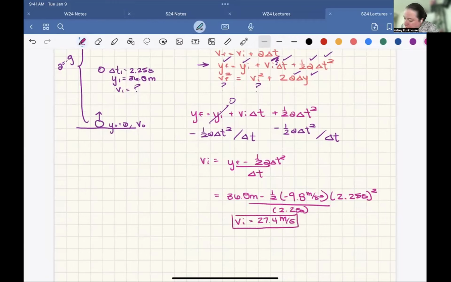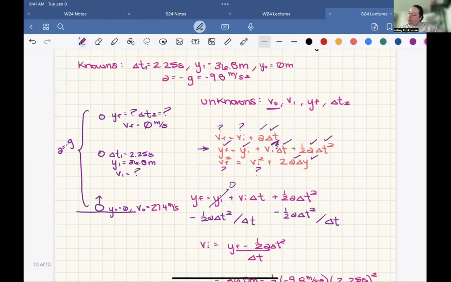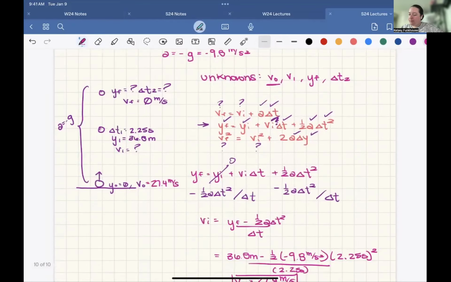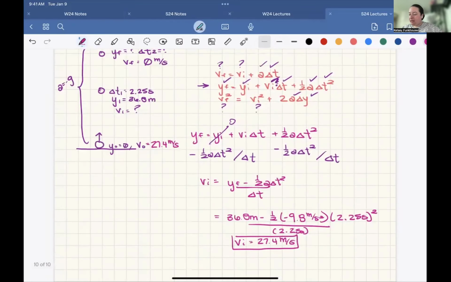Okay, so that was our initial velocity, 27.4 meters per second. Next, it asks what the speed is at that y1 position. Well, now we have the initial velocity and we can treat that as final velocity and use one of the other equations.